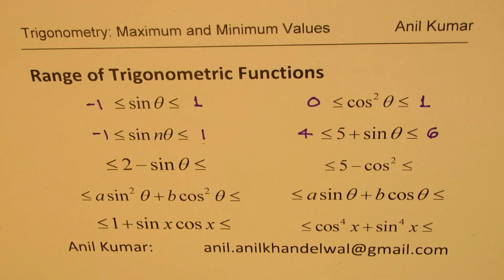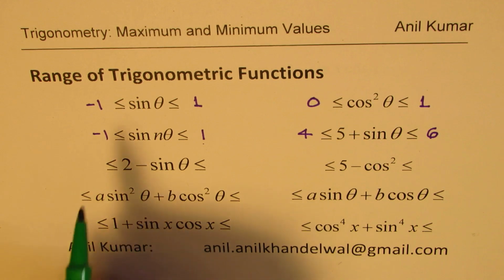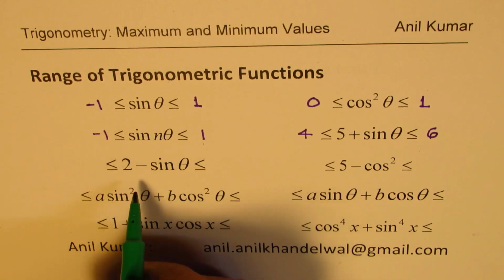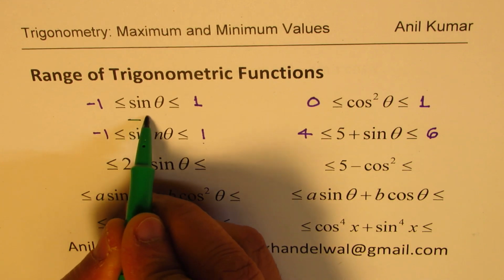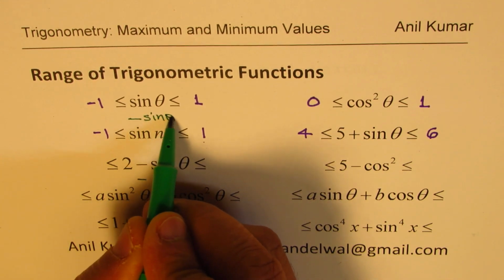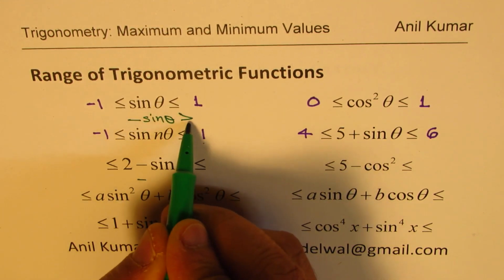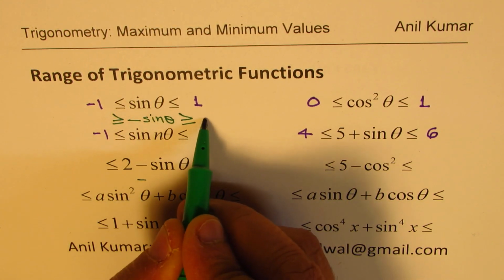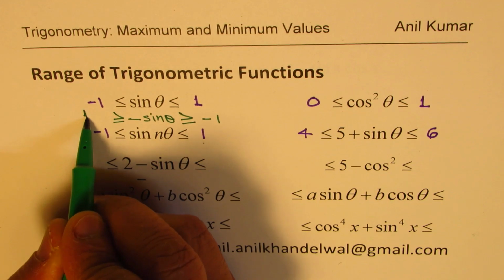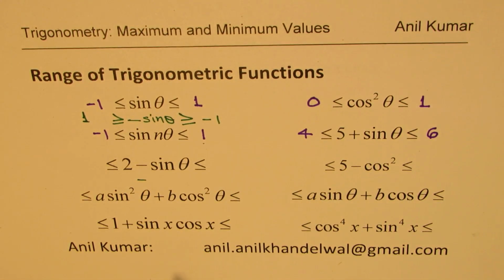Well, an inequality of this type could be solved. Let me take a step here to solve this. If I have minus sine theta, in that case, all the inequality signs change and everything becomes the negative of what it was.